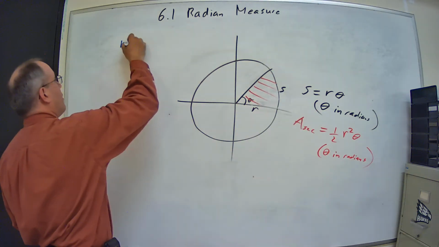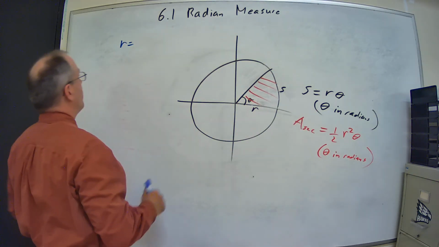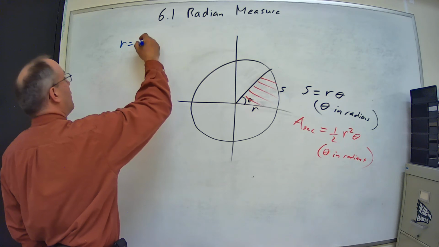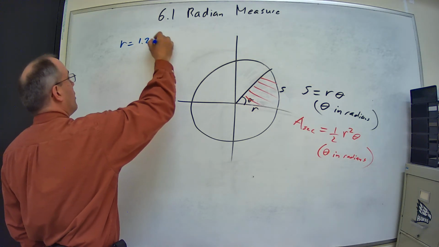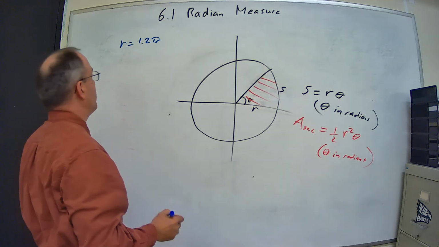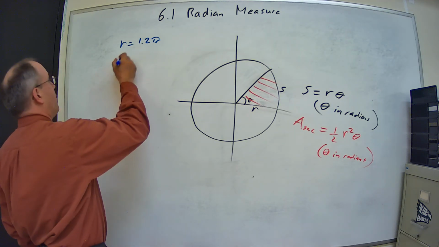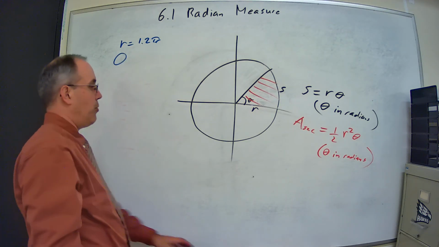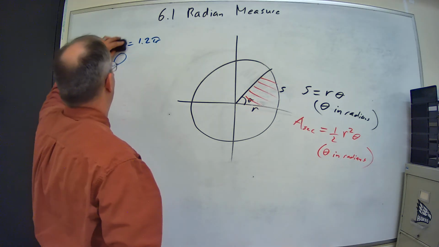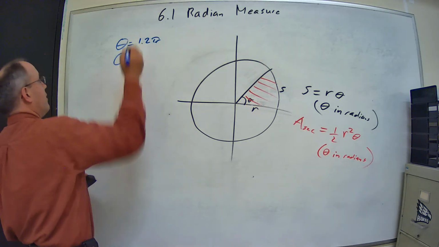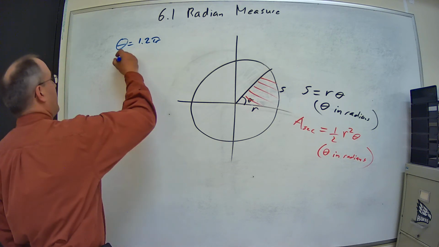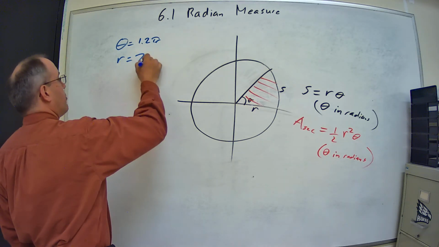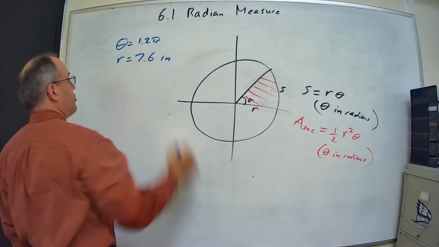I want theta equal to 1.2 pi radians, and R is equal to 7.6 inches.